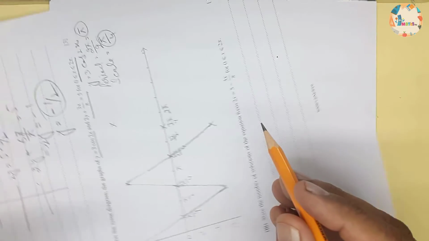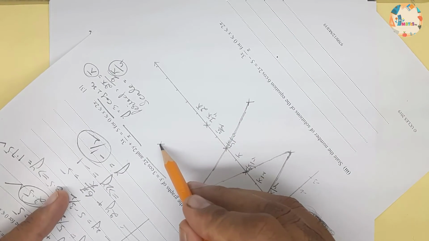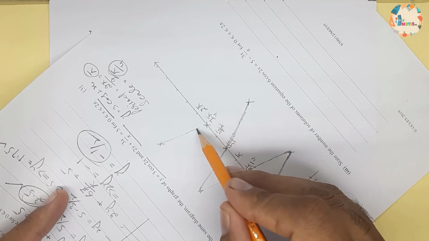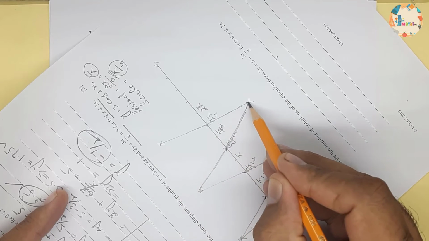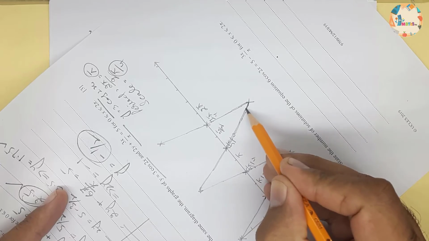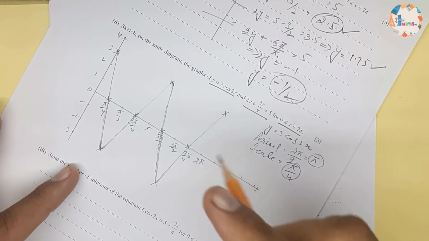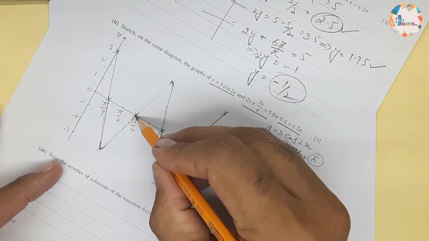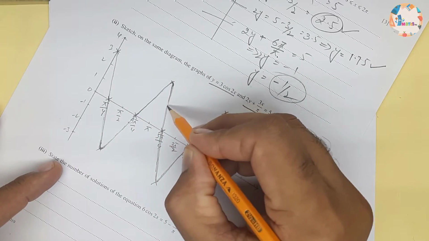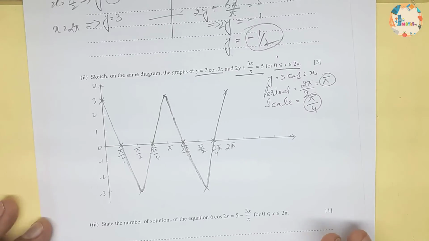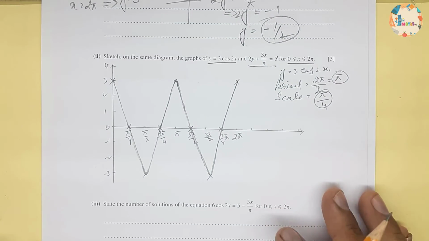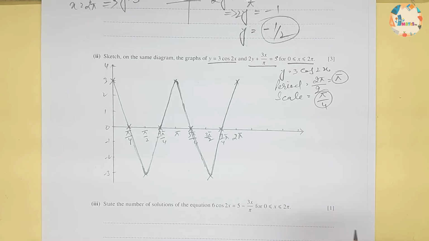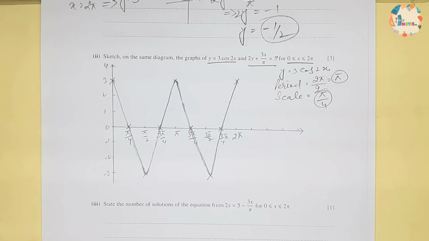It's rough sketching, so don't worry, but try to draw a smoother curve, so it will be like this. So roughly I have drawn this curve. So this is done. Now next is for this line.